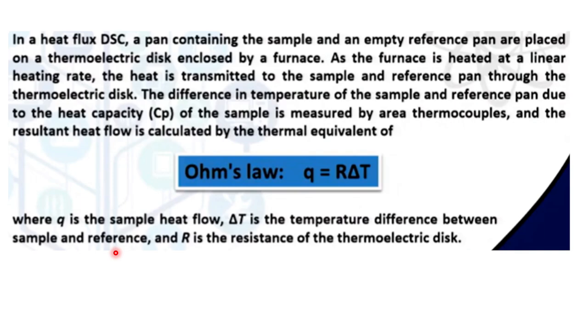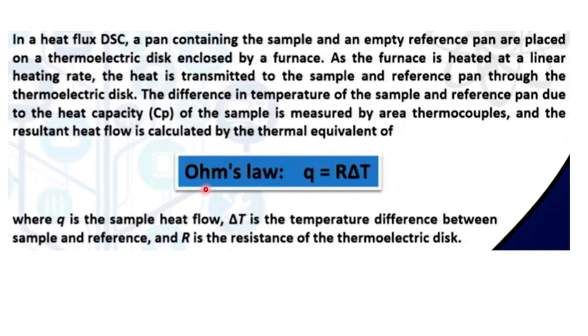Now, what is heat flux? Basically in heat flux, we are measuring the heat difference. We are measuring the different flow of heat when the temperature is changed. So in heat flux DSC, a pan containing the sample and an empty reference pan are placed on a thermoelectric disk enclosed by a furnace.